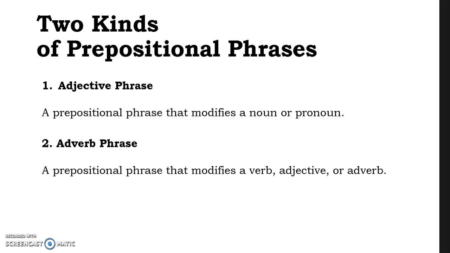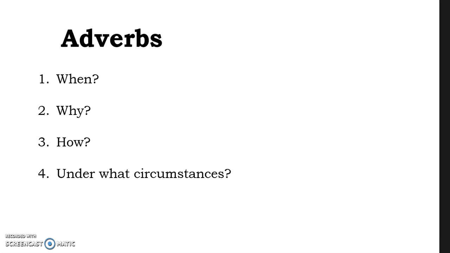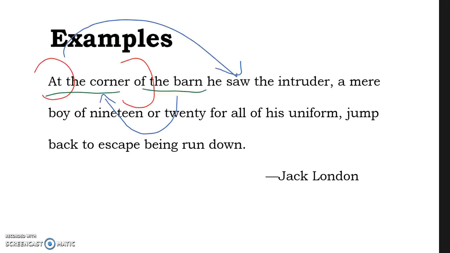So coming off our last lesson, in which we talked about adjectives and adverbs, we'll see in this lesson that prepositional phrases function very similarly because they modify the same things and they answer those same questions we discussed in the last lesson. Adjective phrases answer which one, what kind, and how many, and adverb phrases answer when, why, how, and under what circumstances.